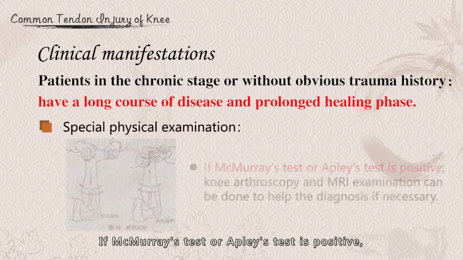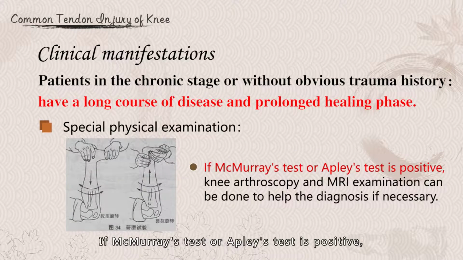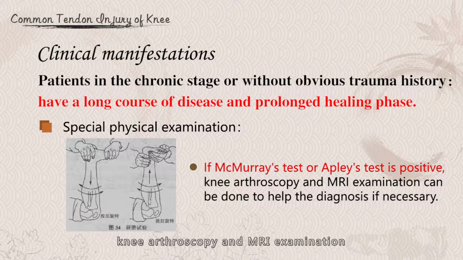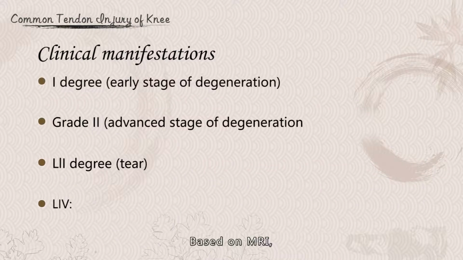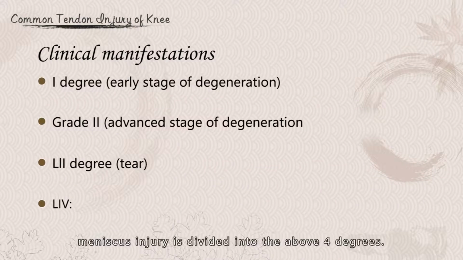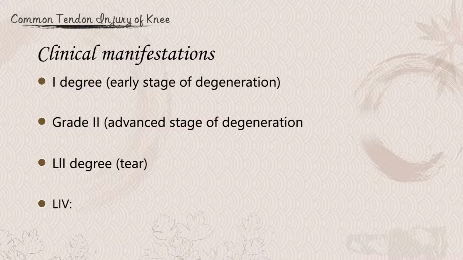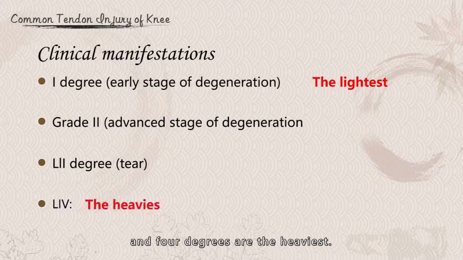If McMurray's test or Apley's test is positive, knee arthroscopy and MRI examination can be done to help the diagnosis if necessary. Based on MRI, meniscus injury is divided into the above 4 degrees. Among them, 1 degree is the lightest and 4 degrees are the heaviest.